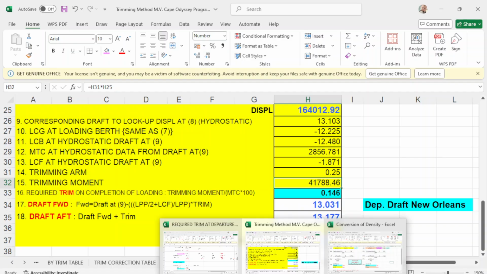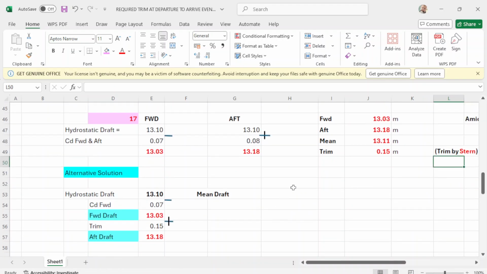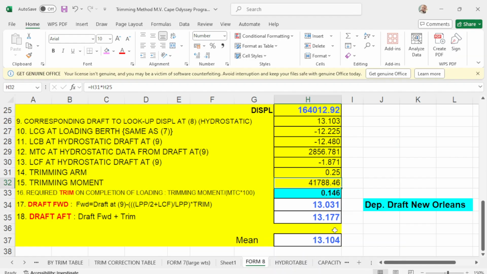What I put here, your trim 0.15 is rounded off. Your mean drop is 13.11. Okay, with this formula, you add forward and aft, divide by 2, and that will be your mean. So it's almost the same, guys. Forward is 13.03, aft drop is 13.18, and your mean is 13.11.